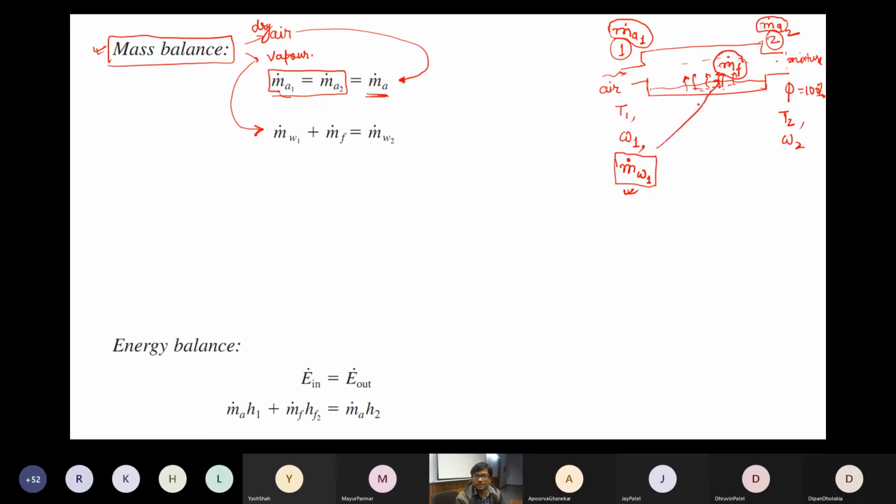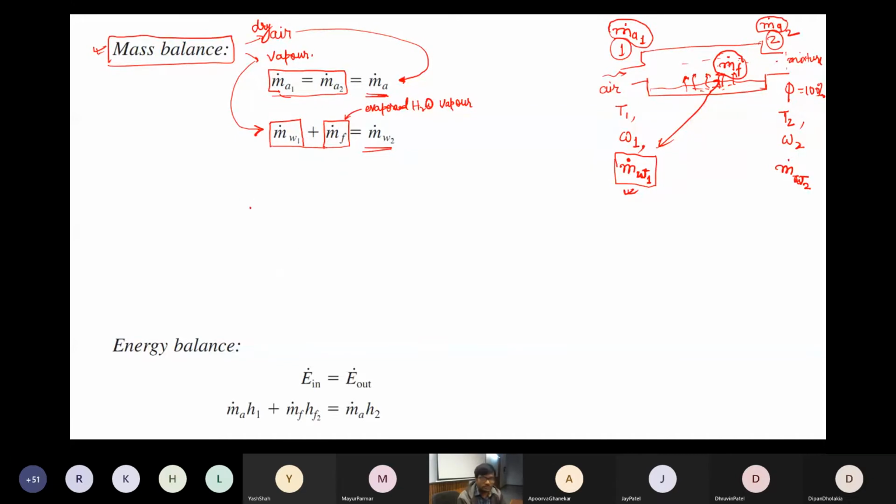So this and this being mixed, and you get m dot w2. So I should write w, not omega. Let's not confuse that. This is w, water vapor. So this is what it is written: mass of water vapor at inlet 1, which is mixed with the evaporated H2O or vapor in the chamber, and you get m dot w2.